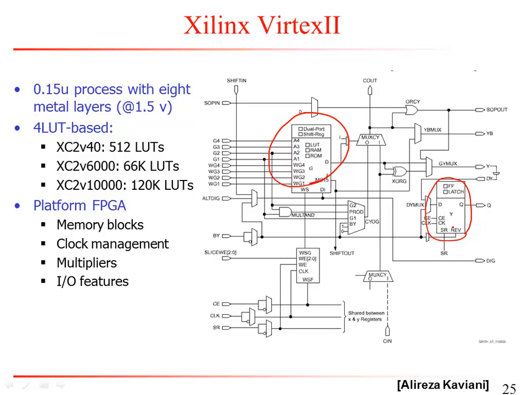So you could get the output of this combinational logic from the lookup table directly out, or you could pass it through this and get the pipelined or flip-flopped version of it. And then the other thing that you have here are a bunch of multiplexers that are used for doing carry chain.